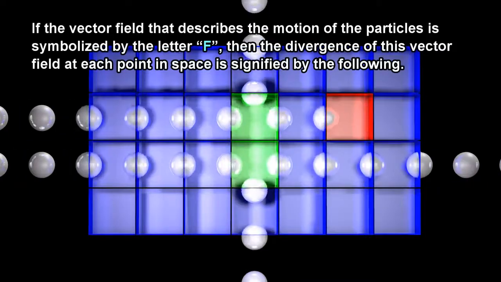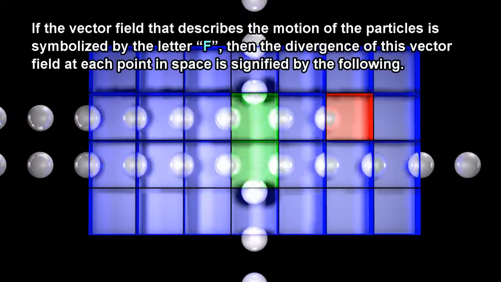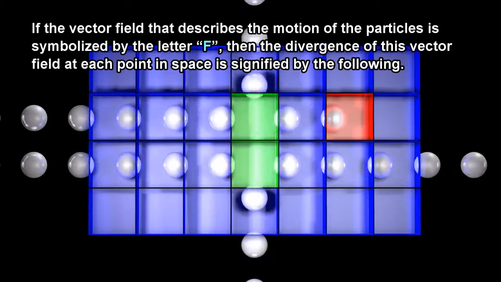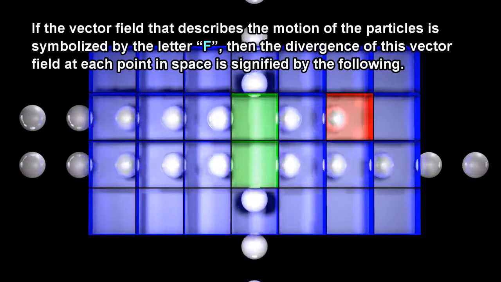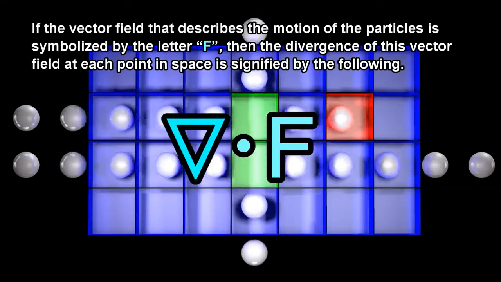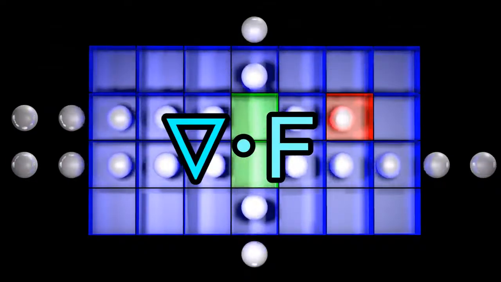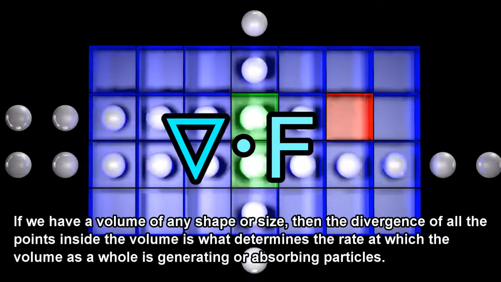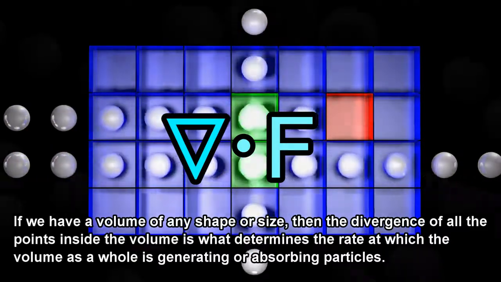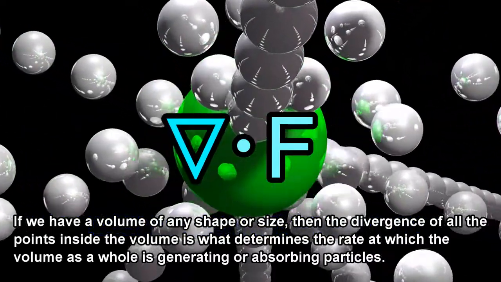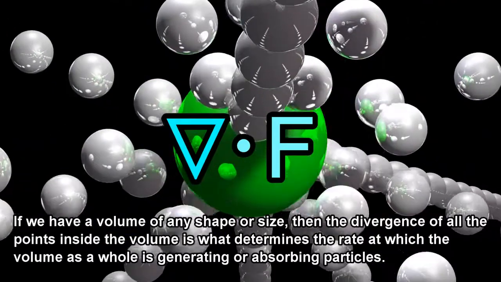If the vector field that describes the motion of the particles is symbolized by the letter F, then the divergence of this vector field at each point in space is signified by the following. If we have a volume of any shape or size, then the divergence of all the points inside the volume is what determines the rate at which the volume as a whole is generating or absorbing particles.